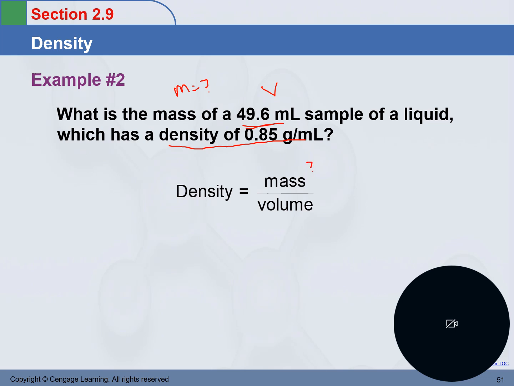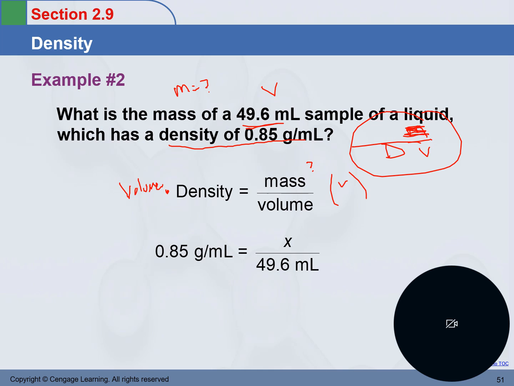We're looking for a mass, so we would want to multiply by our volume to get mass all by itself. Or if we use our circle chart, just cover that up. You have density times volume, just like we have right there. Plug in our numbers, or you could cross multiply if you're good with algebra, and you end up with 42 grams as your mass.